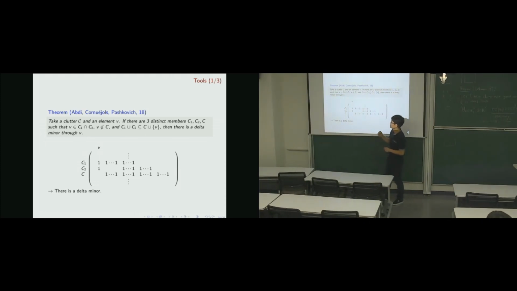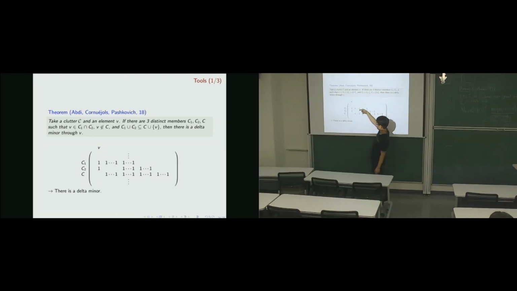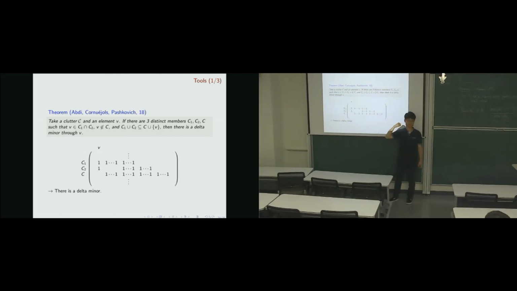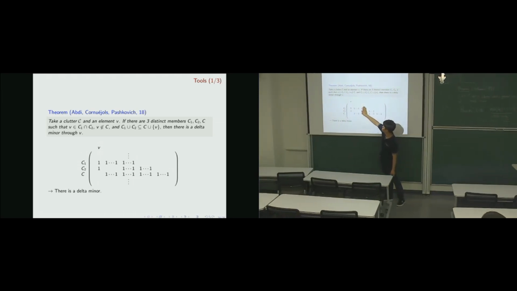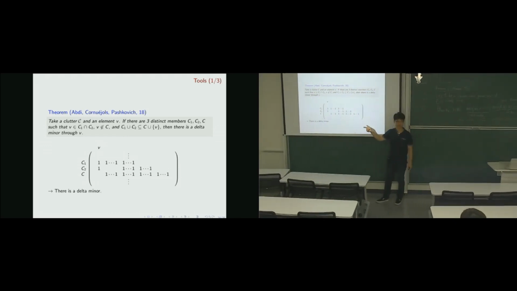If your clutter has the following 3 rows, then you can guarantee that there's a delta as a minor. So this is basically two rows that have a common element V, okay, and then their union, except this element, is contained in another row C. If you forget about these columns, they sort of look like delta, 1, 2, 1, 3, and 2, 3, or something like this. So if you have this configuration, you can always find the delta as a minor.